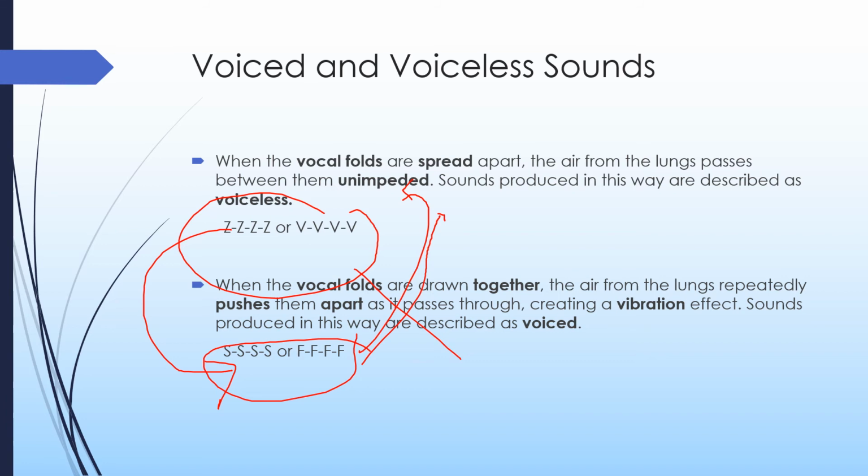If you consider examples like sh, you can find that there is no vibration in the vocal folds. Rather, if we talk about the sound z or v, you can find that the vocal folds come together, and there is a vibration effect there.